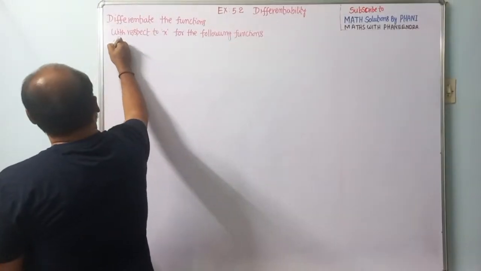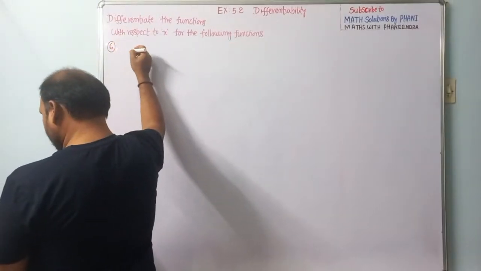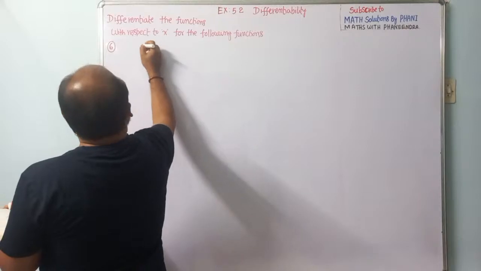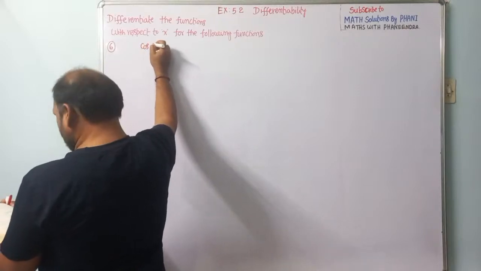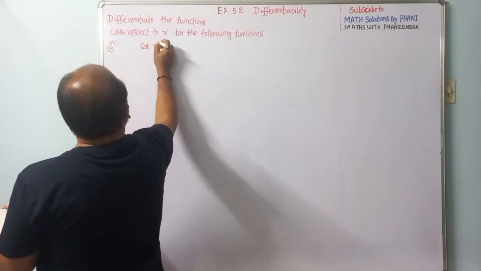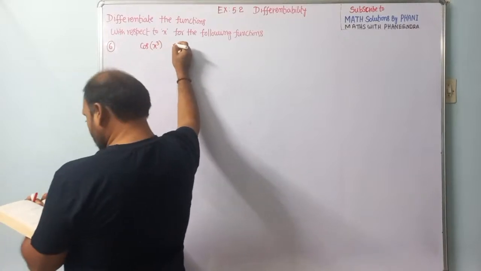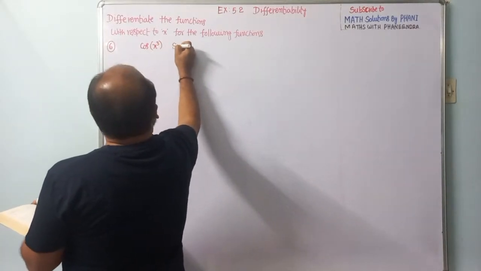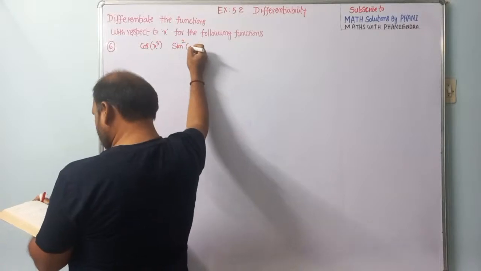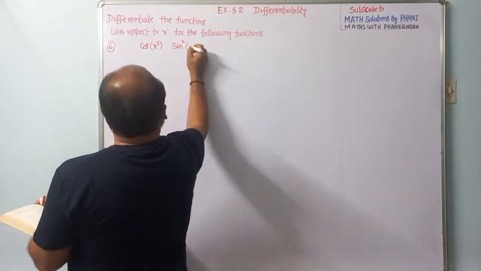Now, question number 6: cos of x cube into sine square of x power 5.